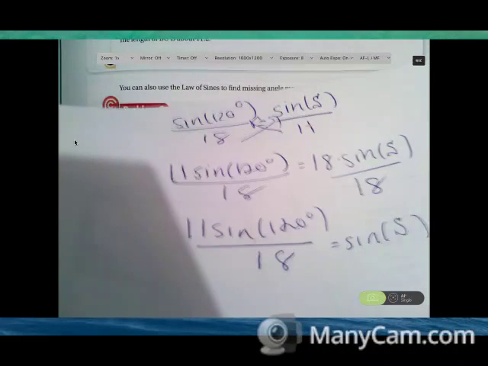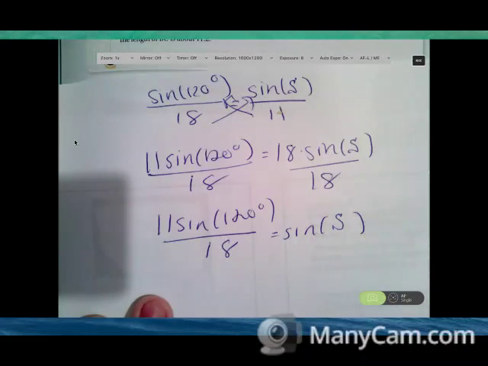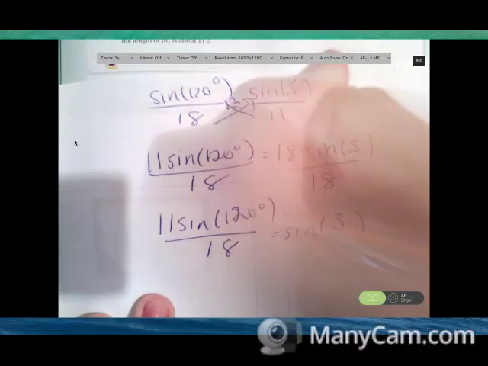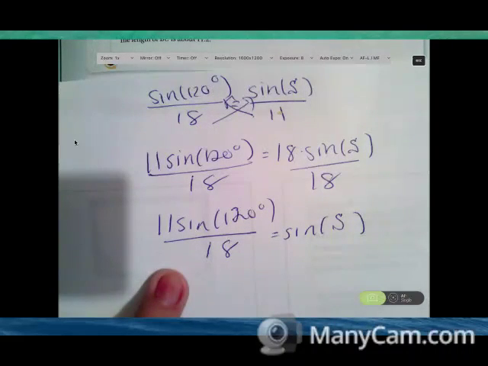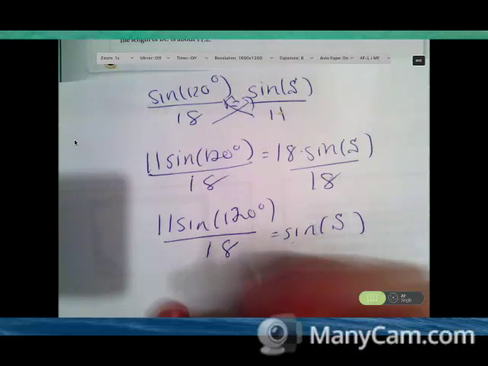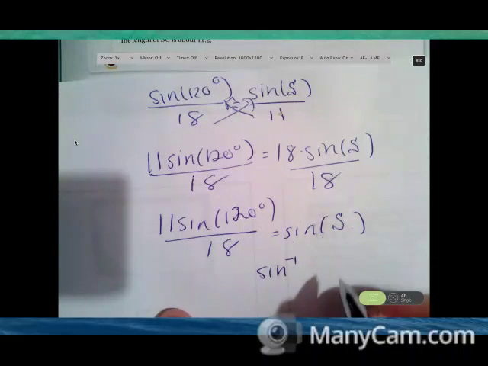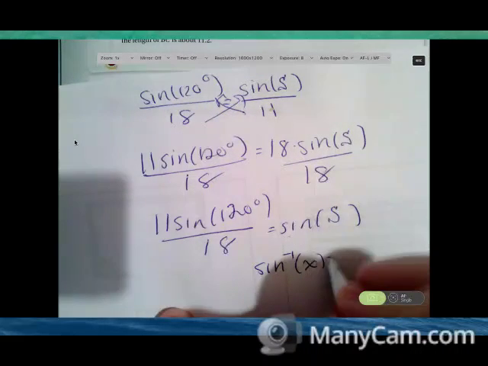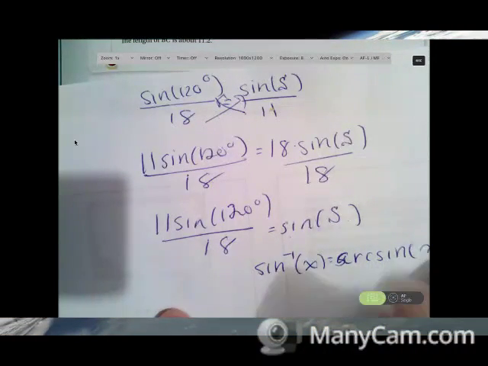You could do this one of two ways. You could solve this number first, or what you can do, I have sine of S. To solve for S, I need to take the inverse sine. In your books you'll see sine inverse of x. That's the same as saying arcsine of x.